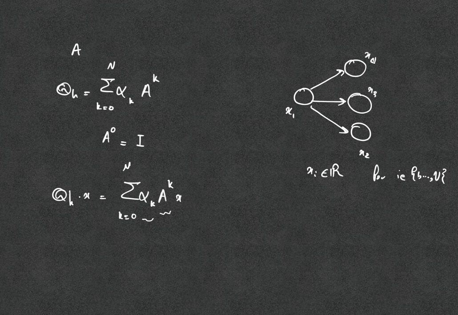Now you can easily generalize this to the notion of vectors per node. Each one of these could be treated separately as a channel of information.